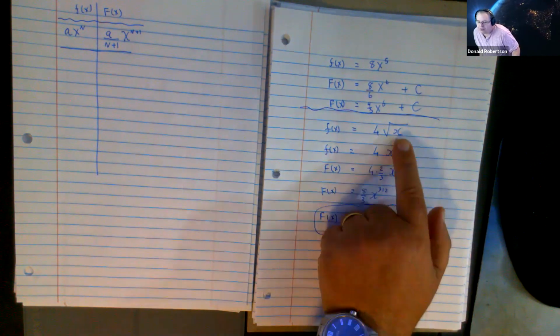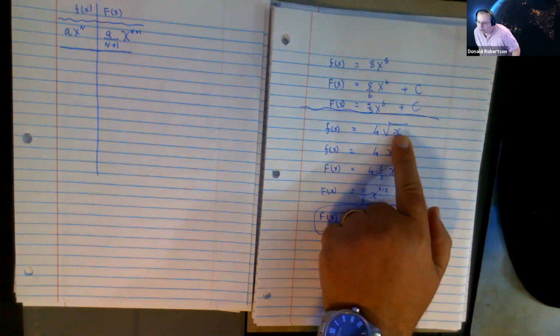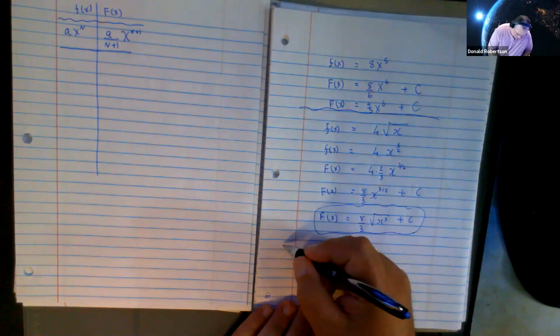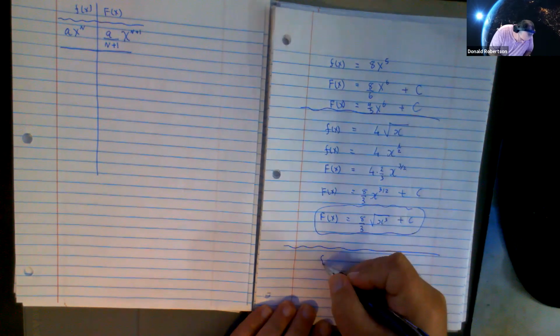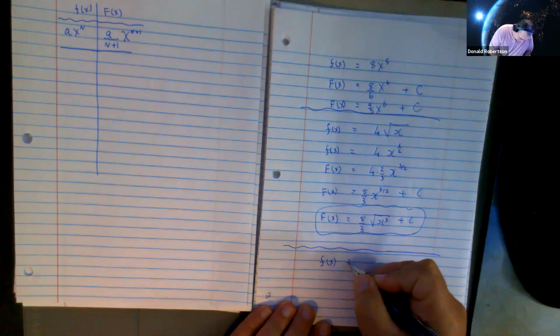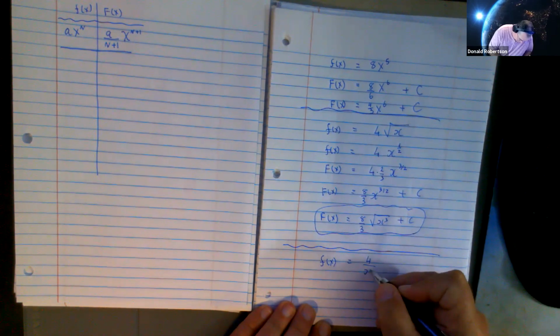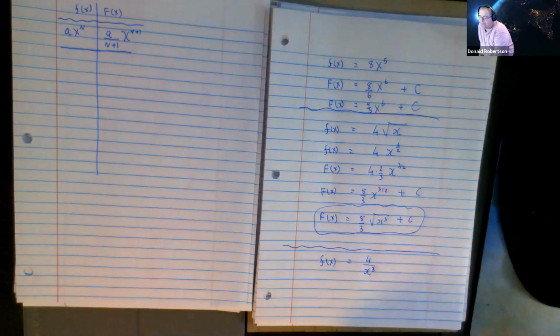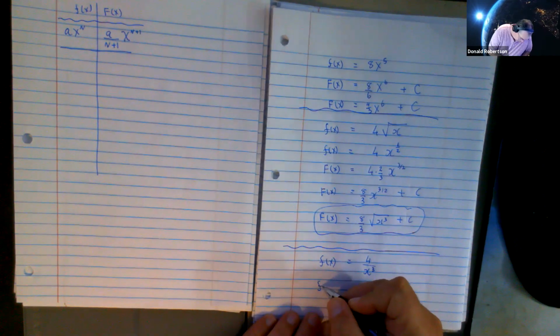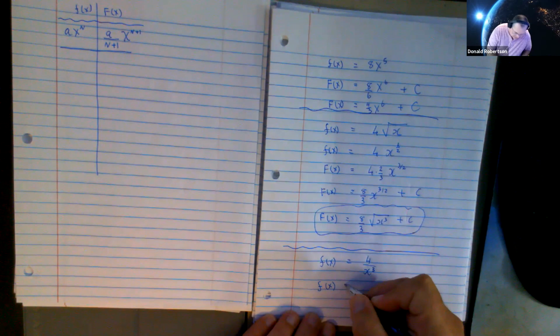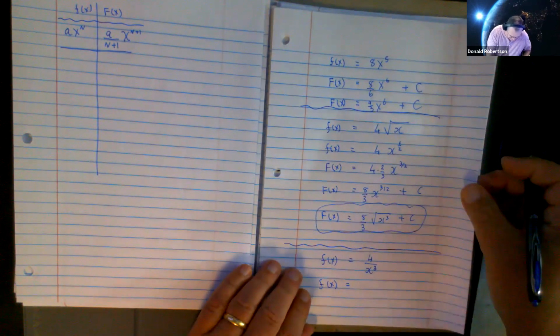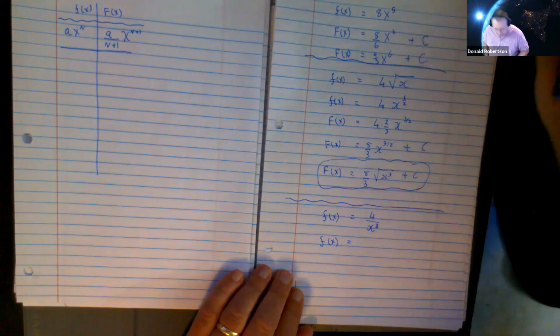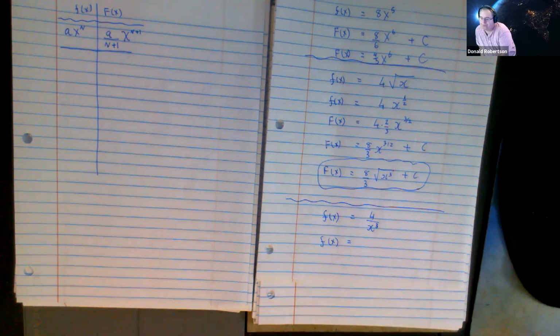So we can find antiderivatives of square roots, cube roots, and fifth roots. How about finding the antiderivative of that one? Any suggestions on a different way to write it?